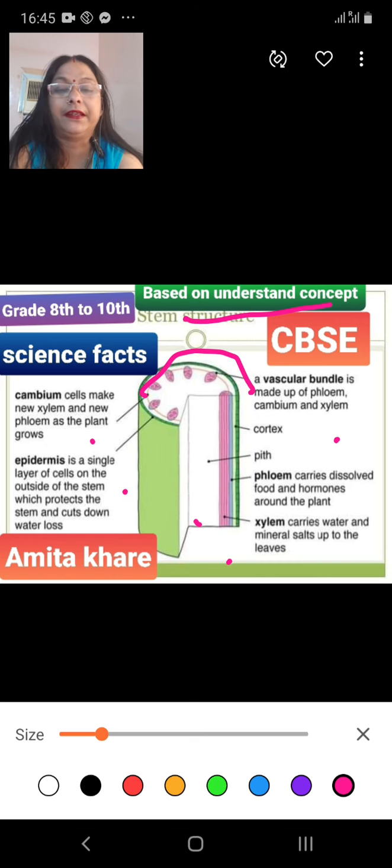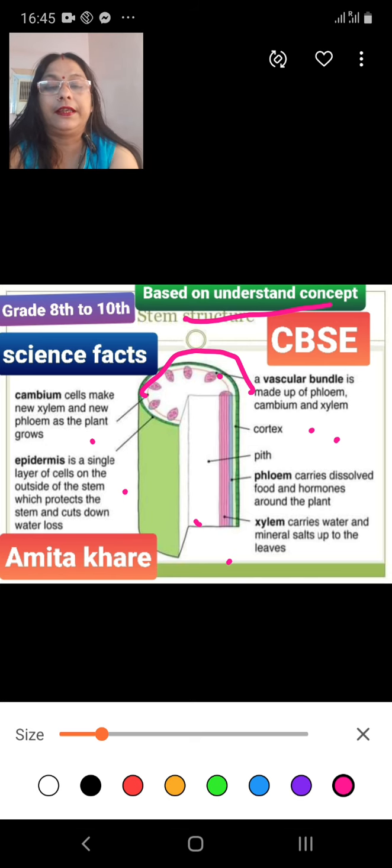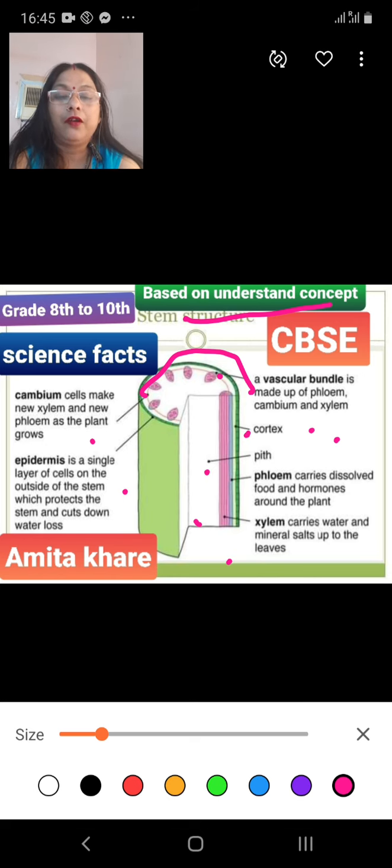This is the vascular bundle, this is the pith, this is the cortex, this is the phloem, and this is the xylem. This pink colored bundle you can see on your screen is the xylem. So let's discuss the structure of the stem.